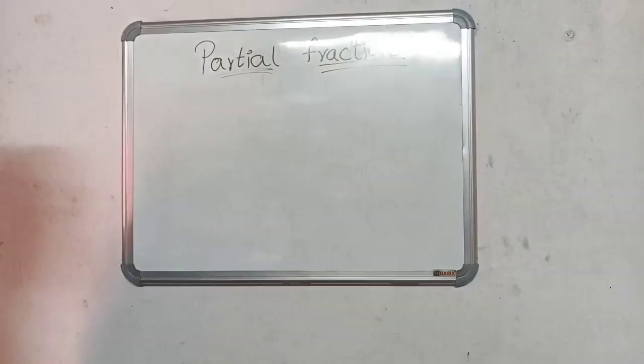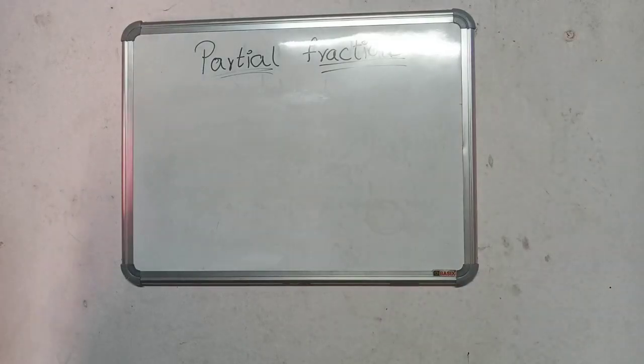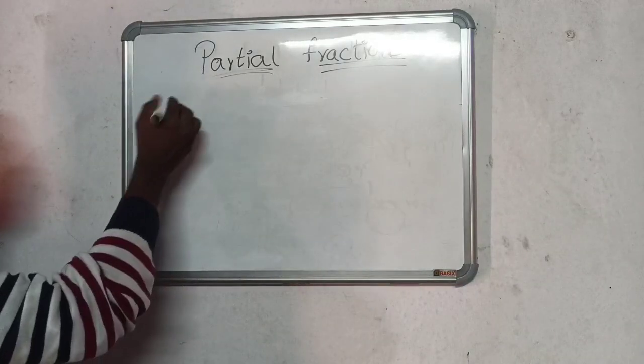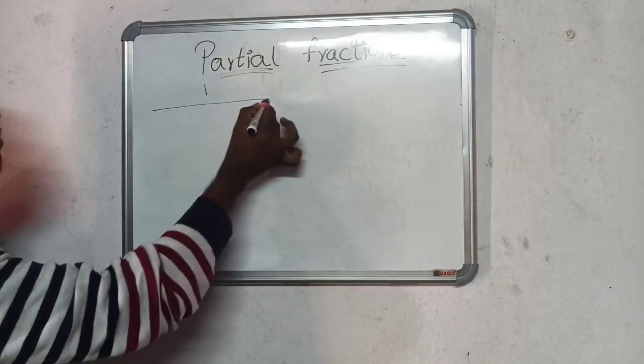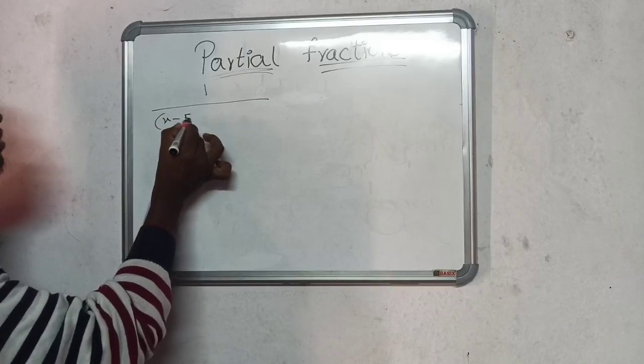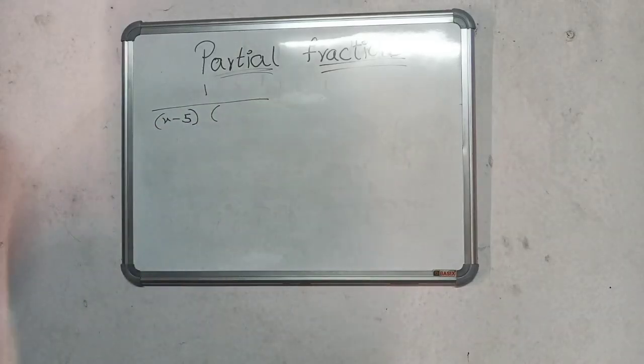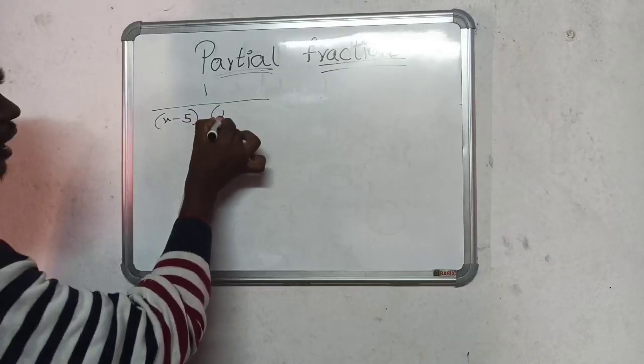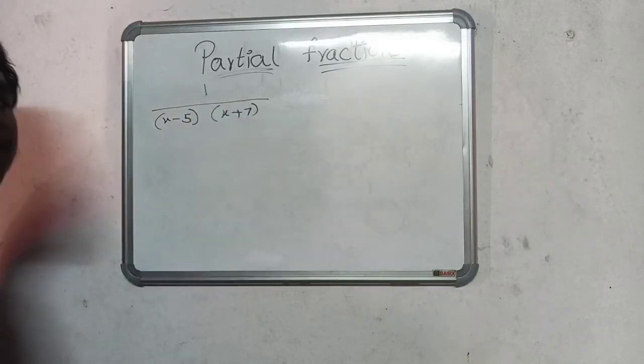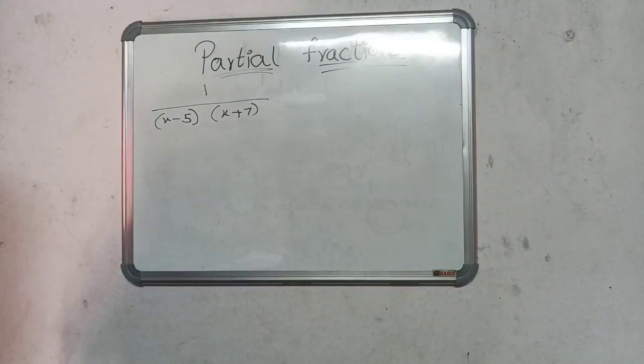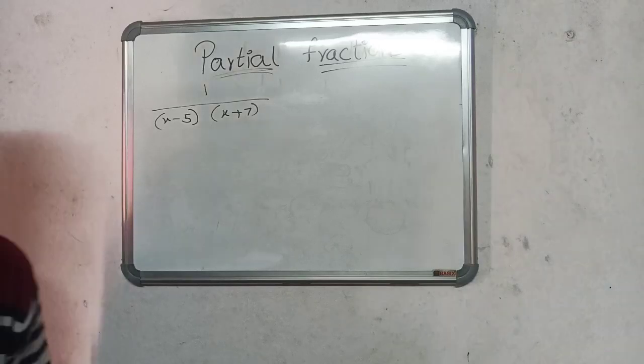Now let us take an example problem for case 1 and let me explain this case. Example for partial fractions. Let us take our first sum as 1 by x minus 5 into x plus 7. Resolve this fraction into partial fractions.